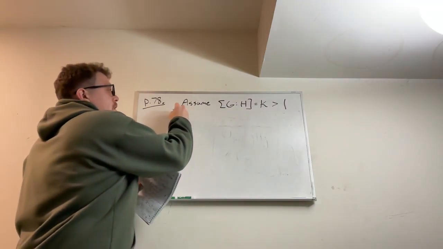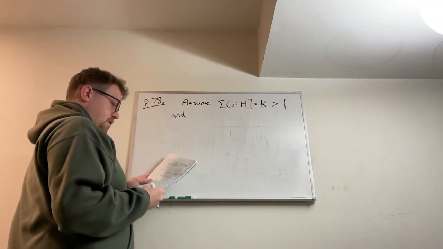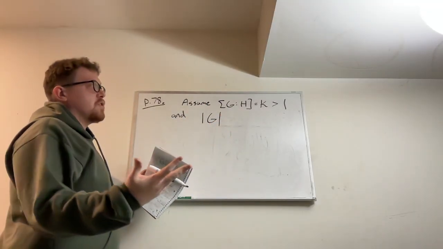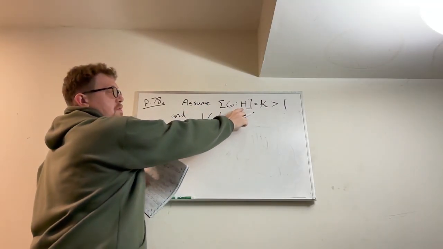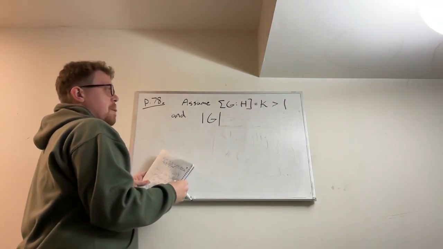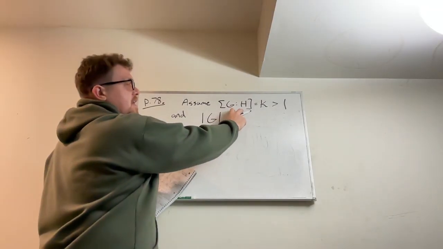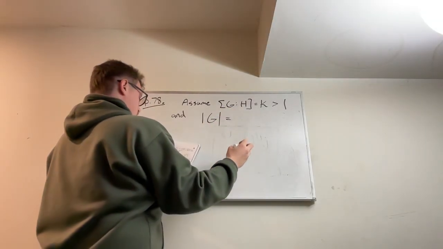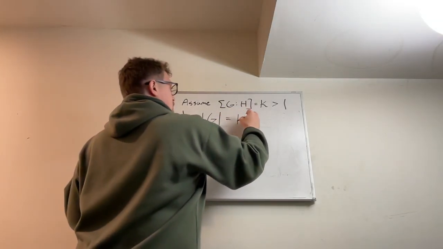And we're also going to assume that the size of the group is some multiple of that, because that's always true, right? Whatever the index of H is, then the order of the group is some multiple of that. So this is k times n for some n.